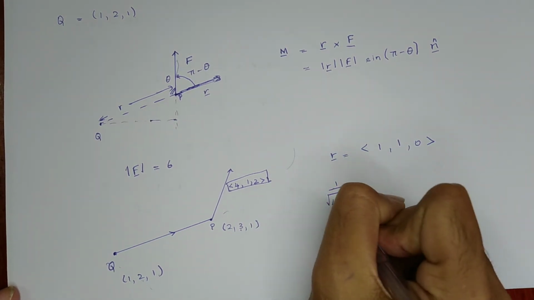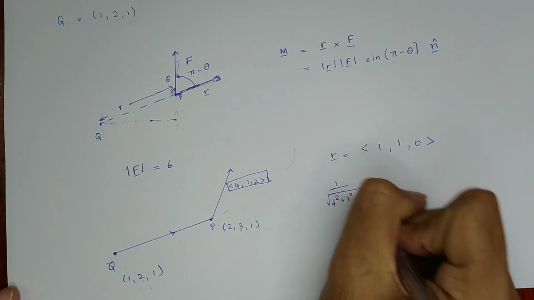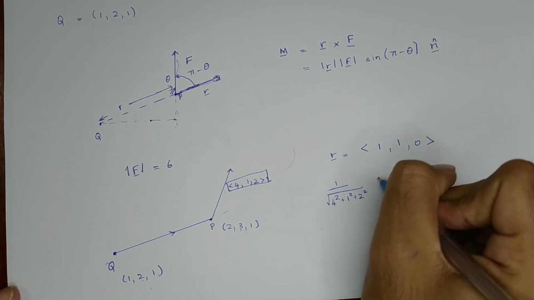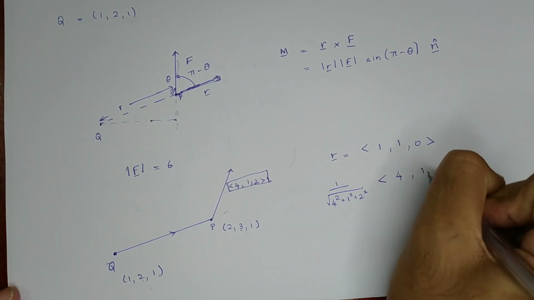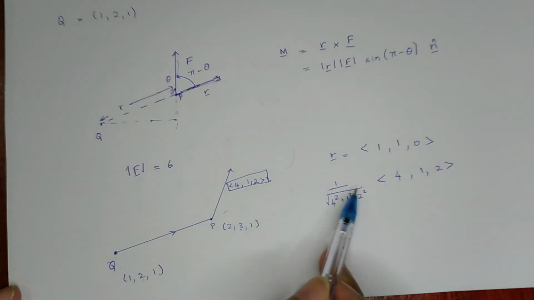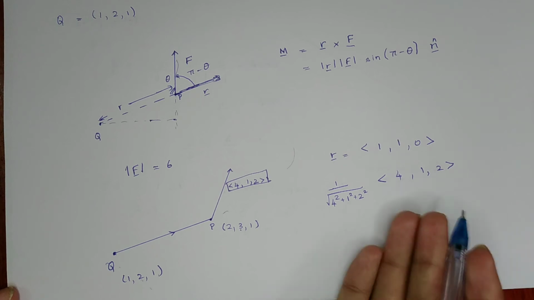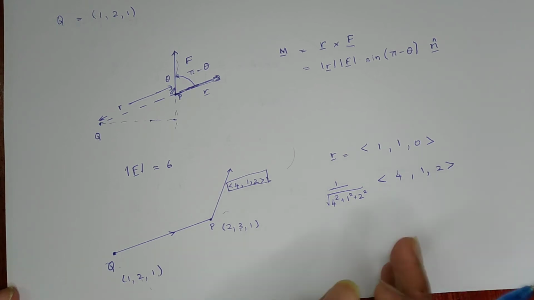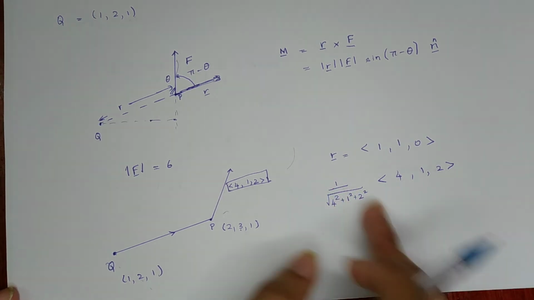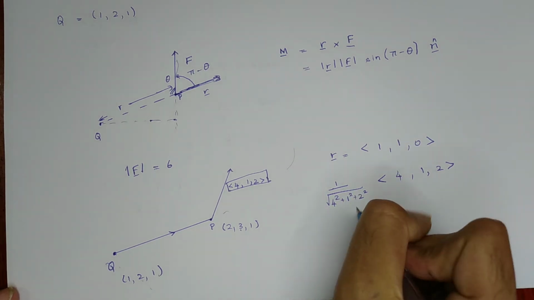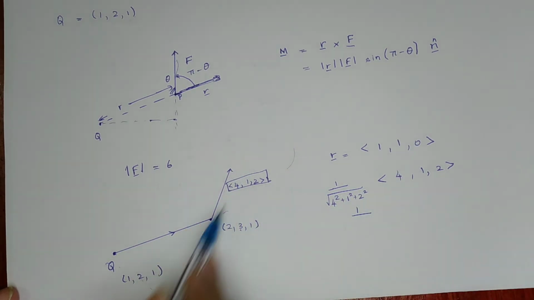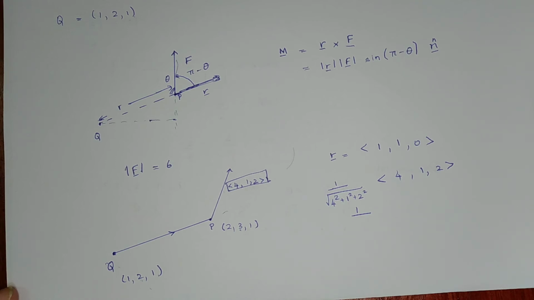So let's say I'm going to use this one, 4, 1, 2. If I divide these coordinates, square them and total it up, find the root of that and divide, you will be getting the direction vector in the unit direction. We are going to call it the unit vector of that direction.